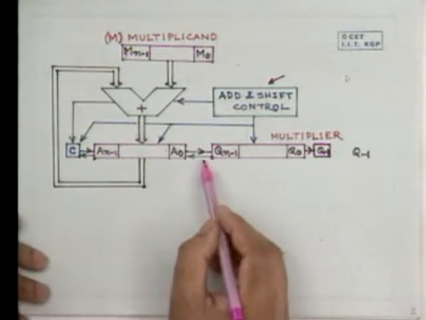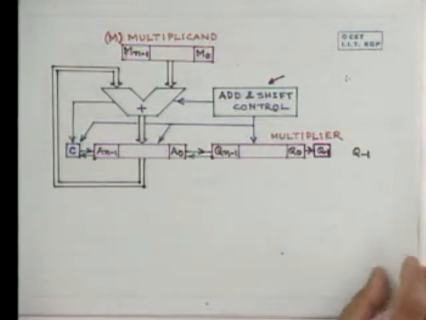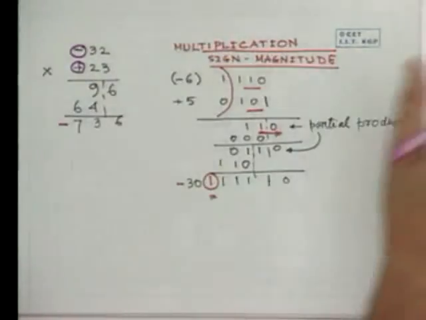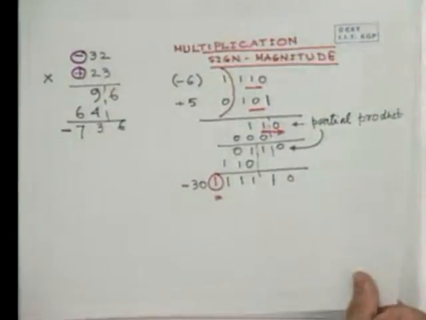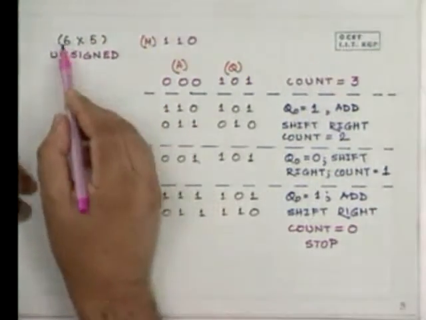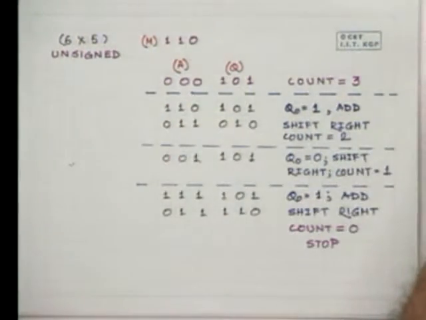But let's forget the division right now. Let us do the multiplication with this simple circuit. Say, let's take two numbers, 6 and 5, unsigned.